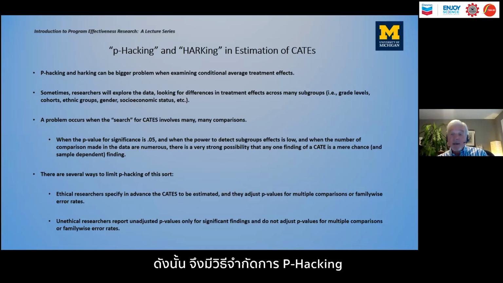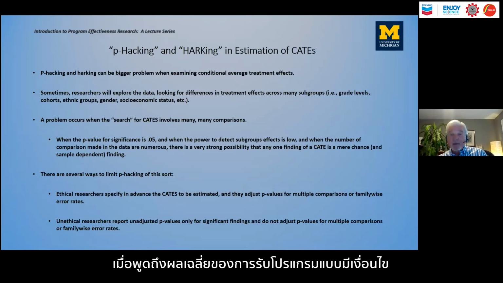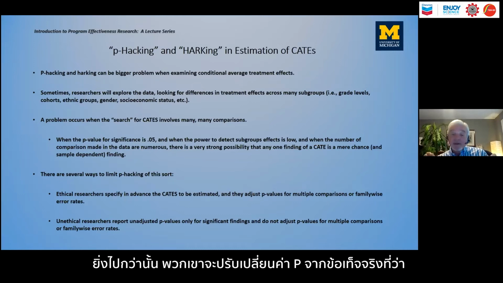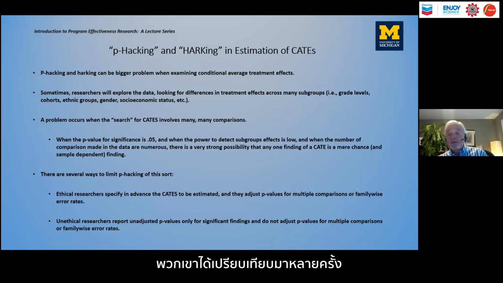So again, there are ways to limit p-hacking when talking about conditional average treatment effects. The ethical researcher specifies in advance what CATEs are going to be estimated, and further, they adjust their p-values for the fact that they engaged in multiple comparisons, while unethical researchers just show you the things that they discovered and hypothesize after results are known.